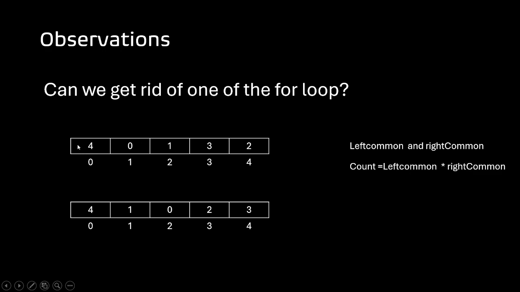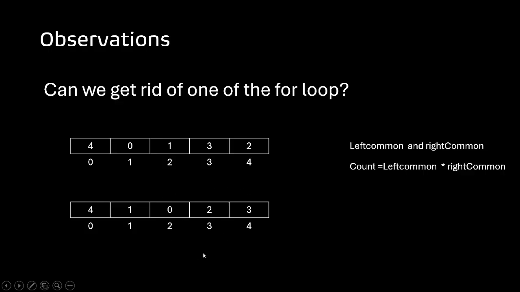So I just have to iterate the nums1 array once, and for each element I have to figure out the overlapping. I have to figure out whether this entire part overlaps with this entire part, or this entire part overlaps with this entire part.